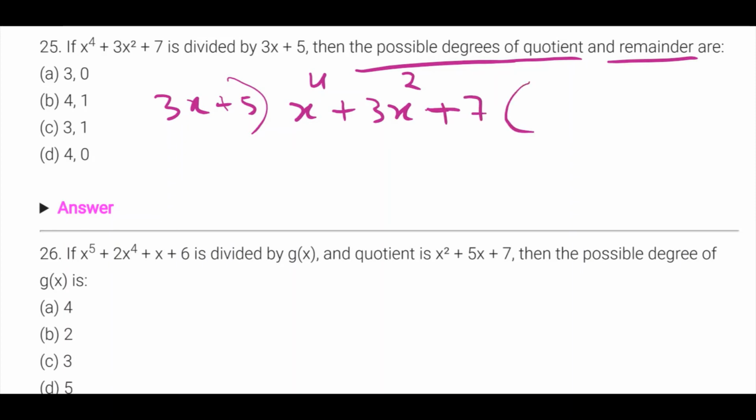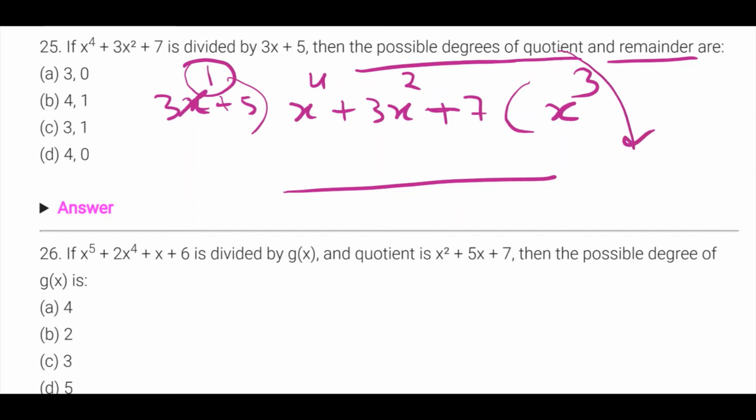The quotient will be of degree 3 and the remainder should always be less than the divisor. Here the divisor has degree 1, so the remainder degree should be less than 1, which is 0. The quotient has degree 3 and the remainder 0. Option A.